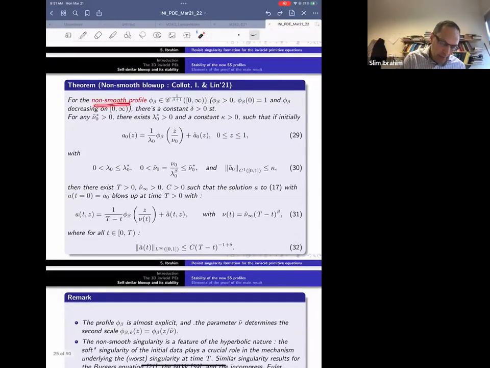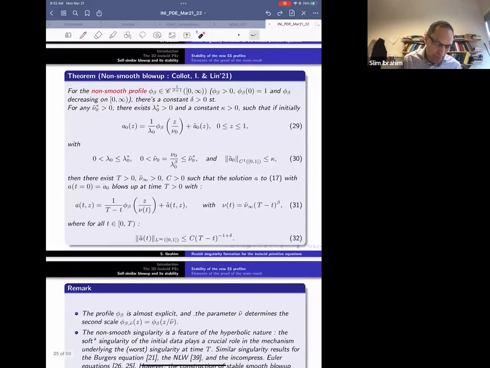In this case, if you take the phi_beta profile, as I said, it has C^alpha regularity, and it's C infinity inside, a decreasing, nice function.